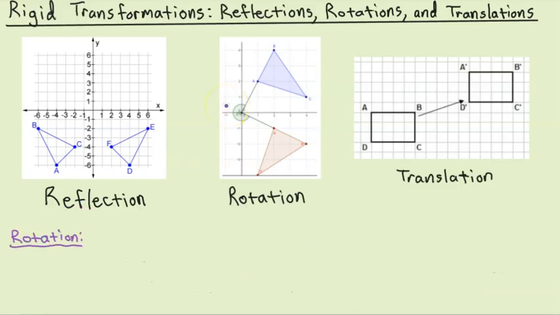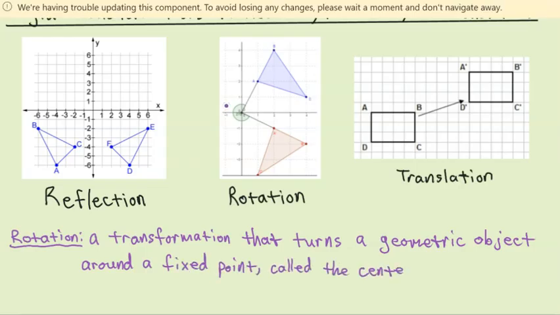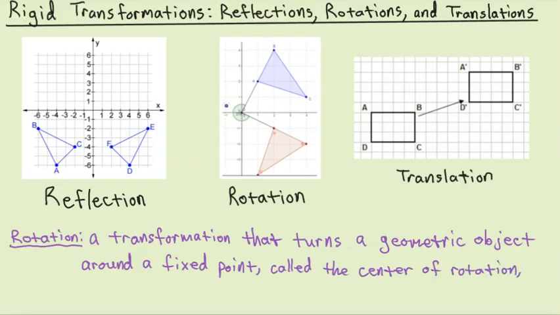Now let's do the definition of a rotation. This is a rotation right here. A rotation is a transformation that turns a geometric object around a fixed point called the center of rotation, through a specified angle and direction.